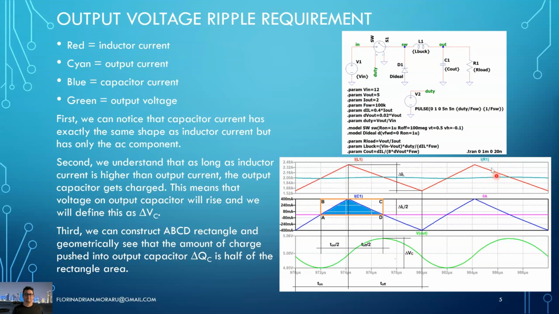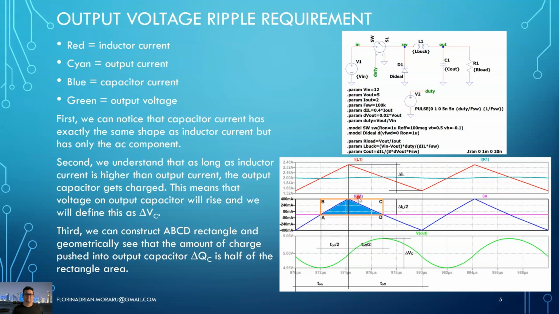In cyan we have the current to the load resistance. So we see that we have an average current to the load resistance of 2 amps, and then the current in the inductor is going from 1.6 amps to 2.4 and back. So we have the 0.8 amps current ripple as we imposed.